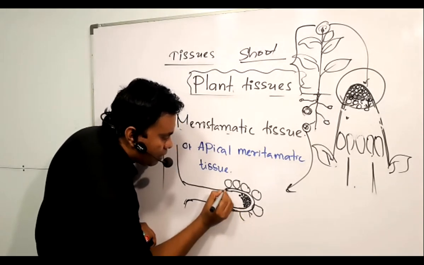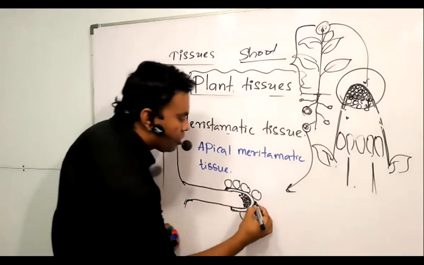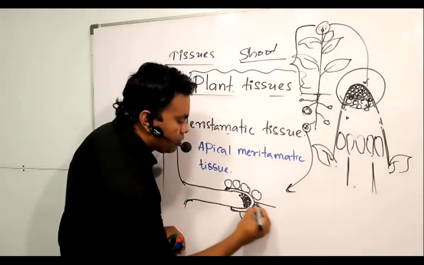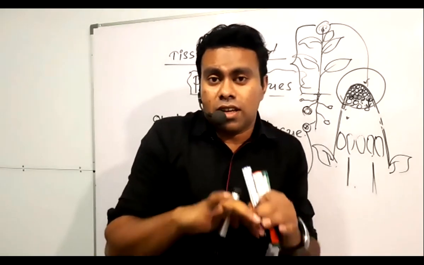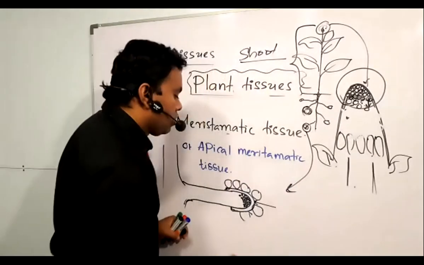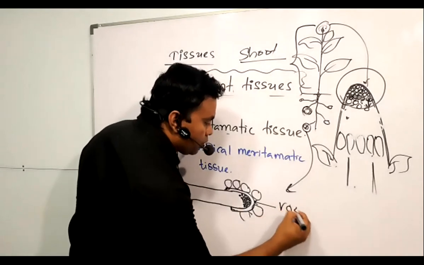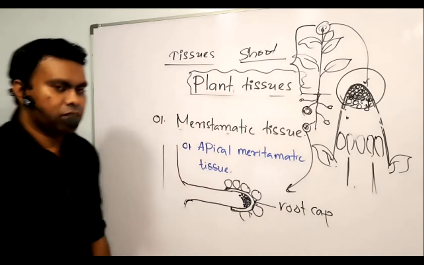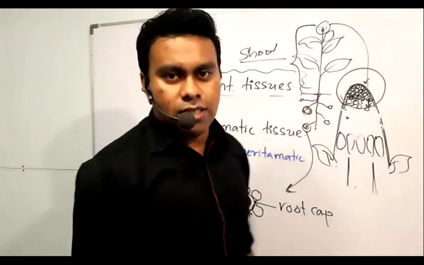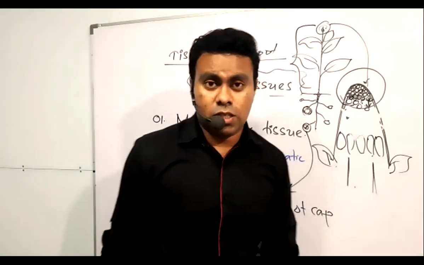Root cap. Cap කියන්නේ තොප්පිය නේද? So we call that root cap. So automatically, naturally, so they are with a cap. So we call that root cap. Okay, so root cap protects the root apical meristematic tissue.